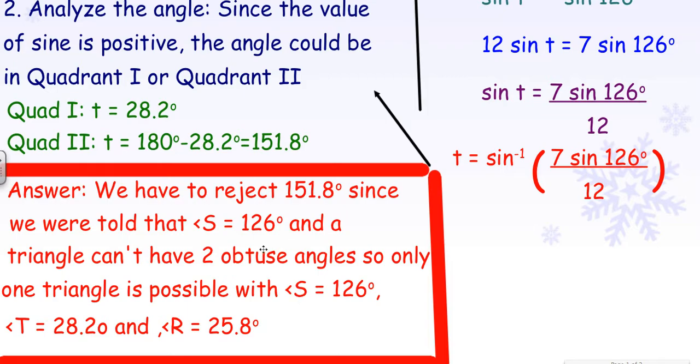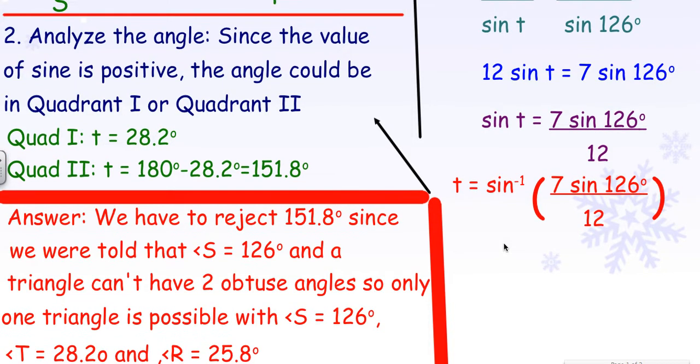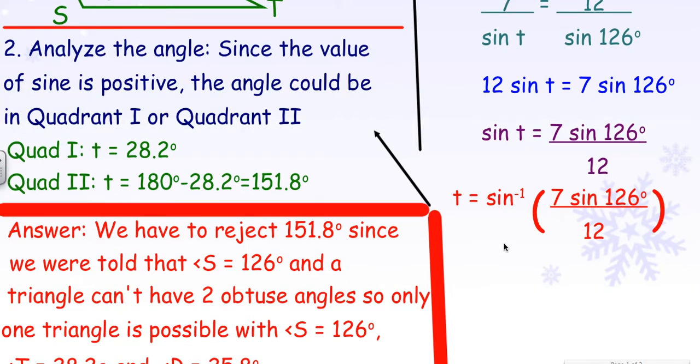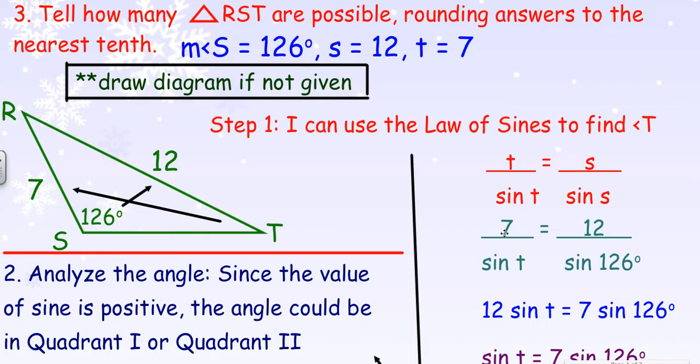So only one triangle is possible, with angle S equal to 126, angle T is 28.2, and then angle R, which I subtract from 180, gives me 25.8 degrees. So for this problem, only one triangle is possible. If you need to pause or stop or bring any of this up so you can get the work that you missed, please feel free to do so.